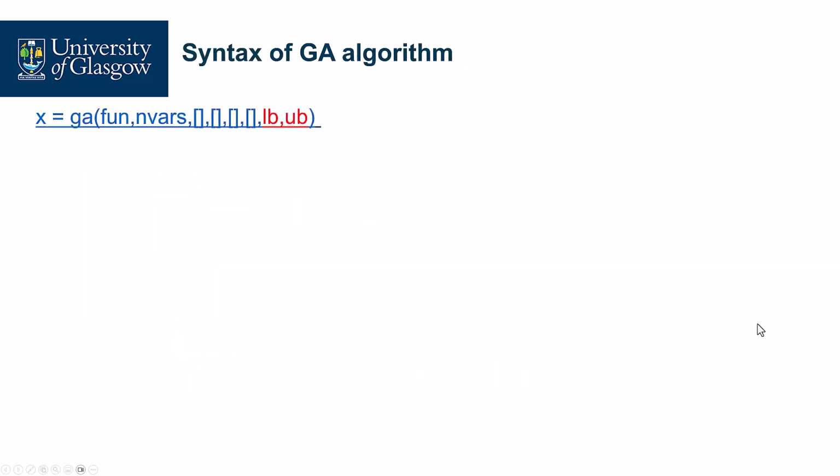If you want to set the search bound, you can use a slightly more complex format, like this: lb, ub. Before lb and ub, there are four empty square brackets. These are for inequality and equality linear constraints.